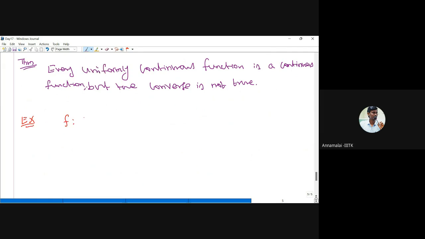f is a function from the open interval 0 to infinity to R defined by f of x equal to 1 by x. Because x is positive, we can define 1 by x. Now we can talk about the uniform continuity of this one.